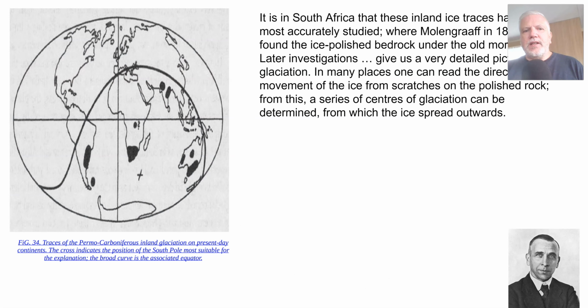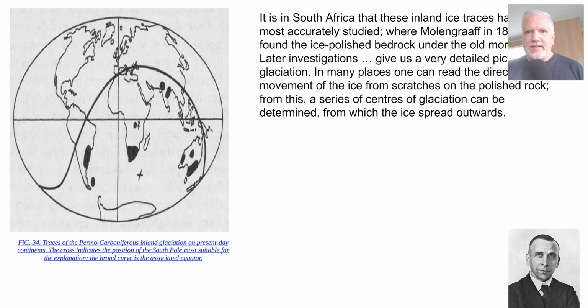He then went on to take a little look at other evidence, like glacial evidence, and he assembled this. He says it's in South Africa that the inland ice traces have been most accurately studied. Again, he's drawing from the work of others. Molengraaf in 1898 first found the ice polished bedrock under the old moraine. Later investigations gave us a detailed picture of this glaciation.